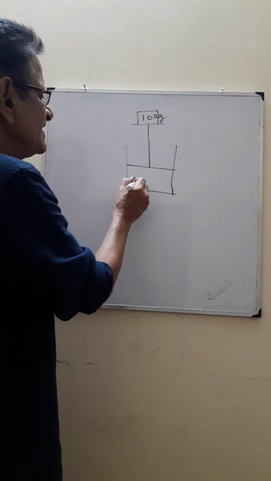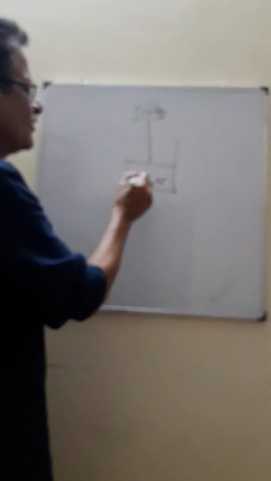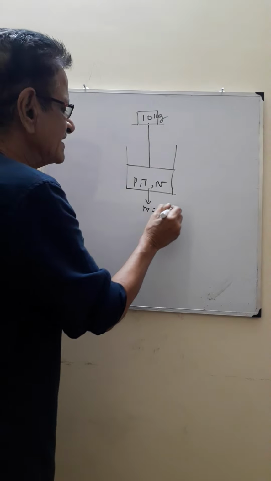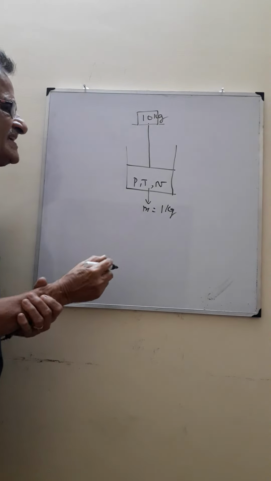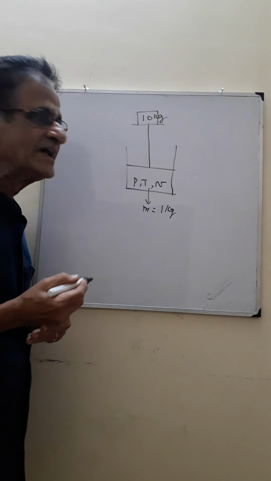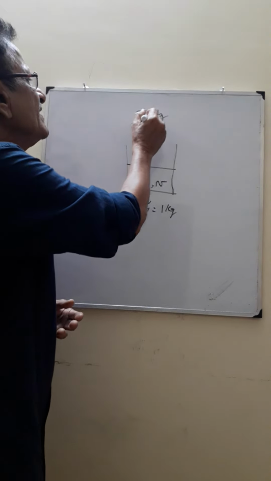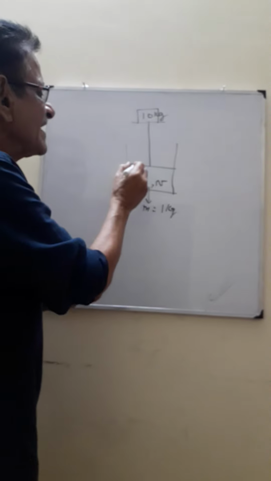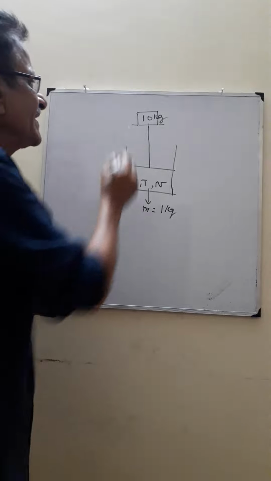The pressure is P, temperature is T, volume is V. In the piston and cylinder arrangement, we have gas whose mass is 1 kg, pressure P in Newton per meter square, T is the temperature in degree Kelvin, V is the volume in meter cube per kg. On this piston, I have a 10 kg weight. Now, the piston is stationary. That means there is equilibrium. Now, what I do is suddenly remove this 10 kg.